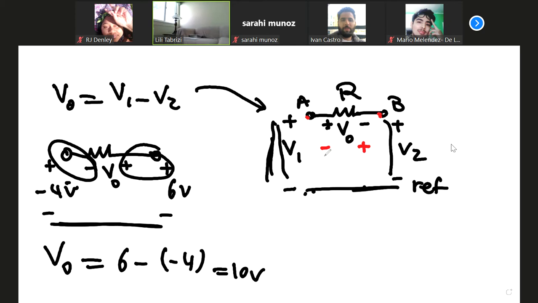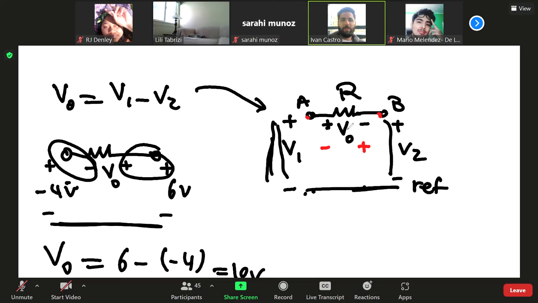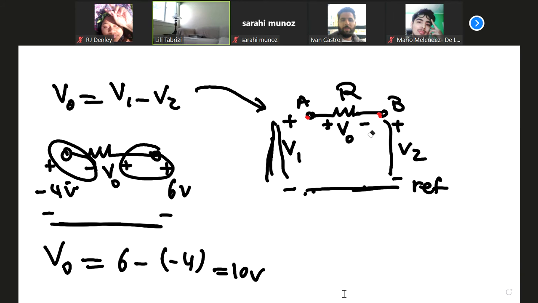Go back to this V0. Based on polarity, what's the direction of the current according to the passive sign convention, from left to right or right to left? Passive. Left to right, okay, correct.